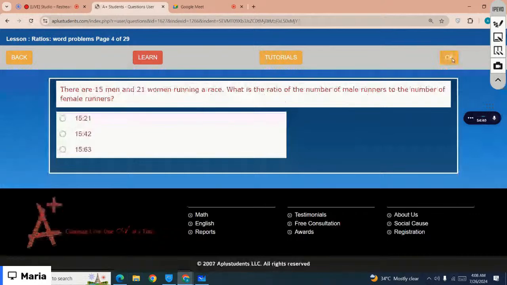There are 15 men and 21 women running a race. What is the ratio of the number of male runners to the number of female runners? So, which is the correct option?